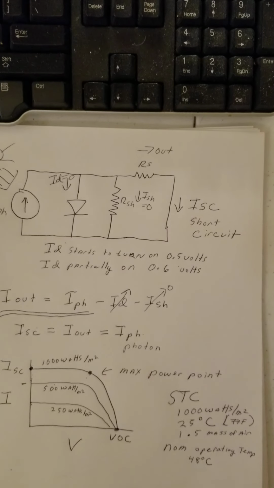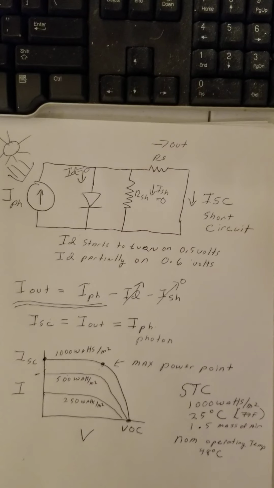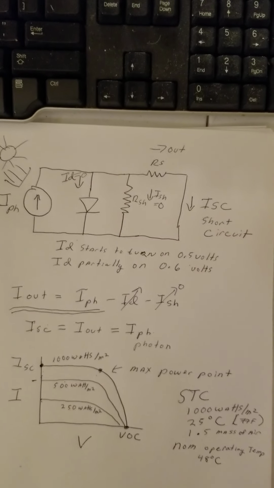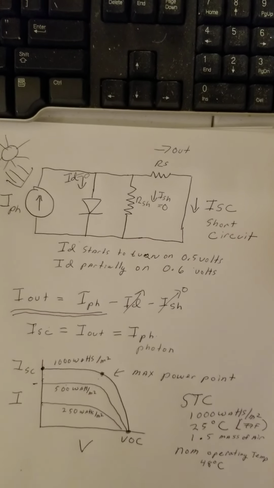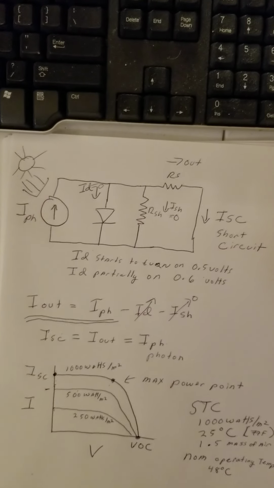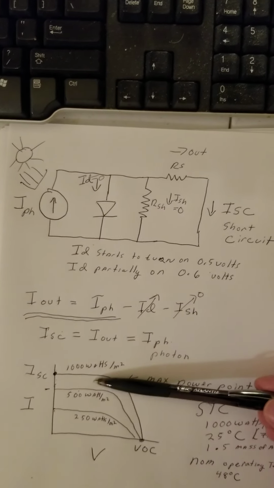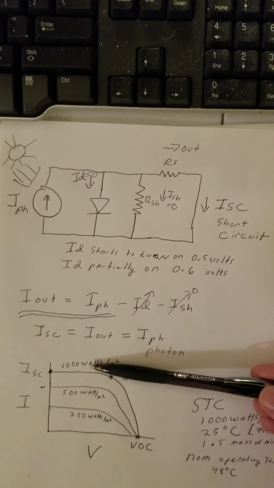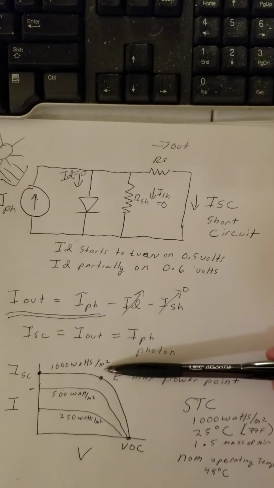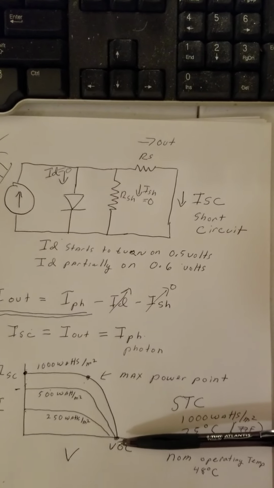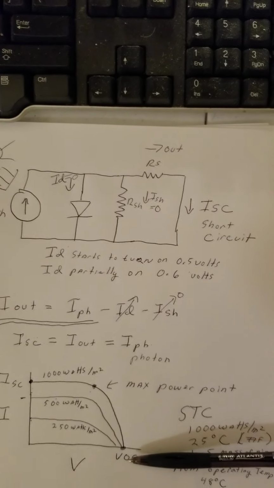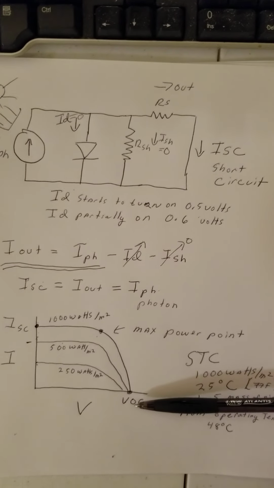And they usually give you on the back of the panel a term called I short circuit. And I drew a point here to represent that, 1000 watts per meter squared. And this is the diode characteristic they give you, and then they give you an open circuit voltage.